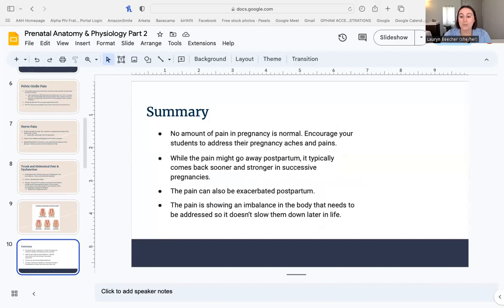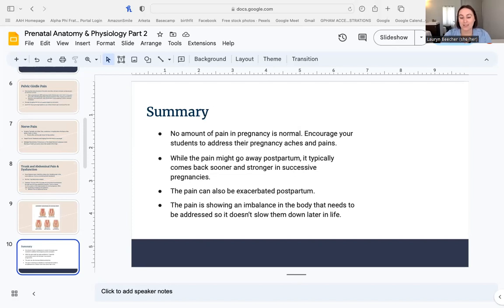And this is where a movement practice like yoga can be beautiful in helping someone gain mobility, but also strength and support so that those muscles have the ability to support the extra demand on the body.